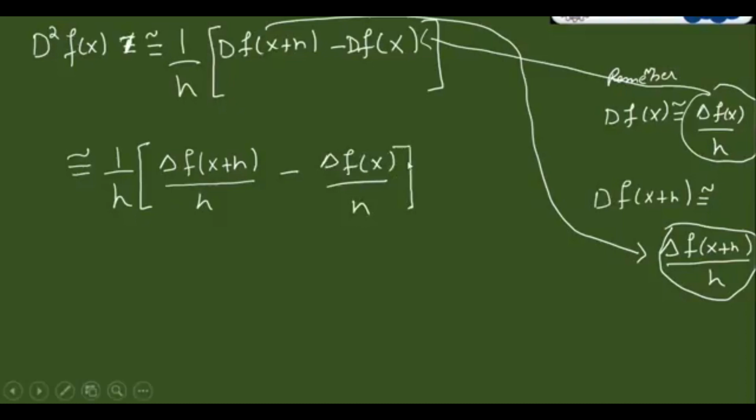If someone is wondering why I am shifting to this mode, the reason is this is just a symbolic representation. I want to compute the first order derivative at this point, and at this point, and I want to compute the difference of these derivatives. If you do not know how to compute that, you have to always go back to this relation, because you know the function and you know the points.